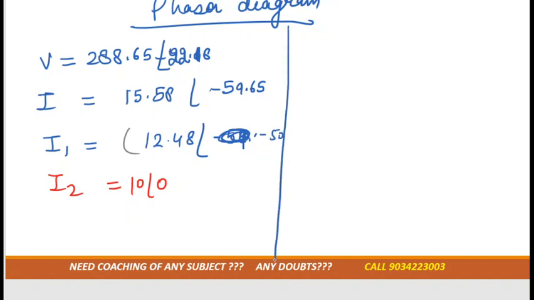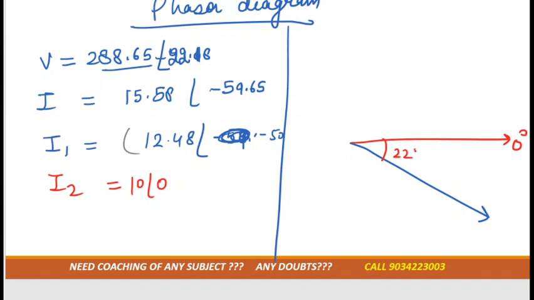Now see how will we draw the phasor diagram? 288 angle is minus 22, so draw it. First draw the reference. Reference is 0 degree. Minus 22 is on the downward side, so I draw 22 degree. 22.18 we can consider. That is the voltage.